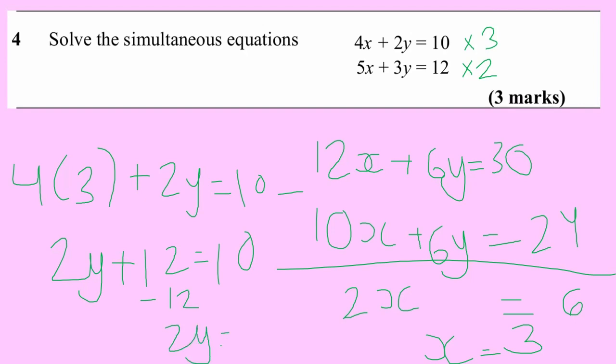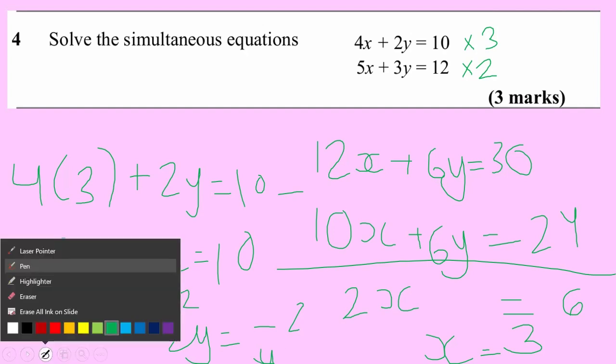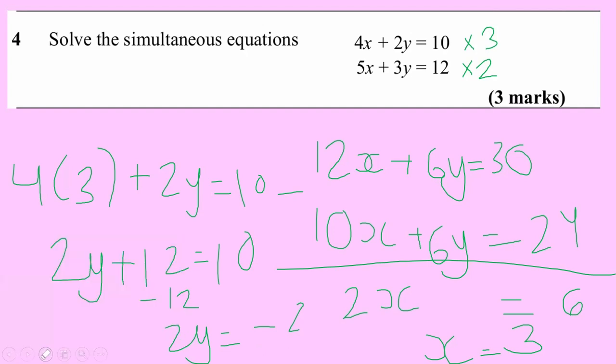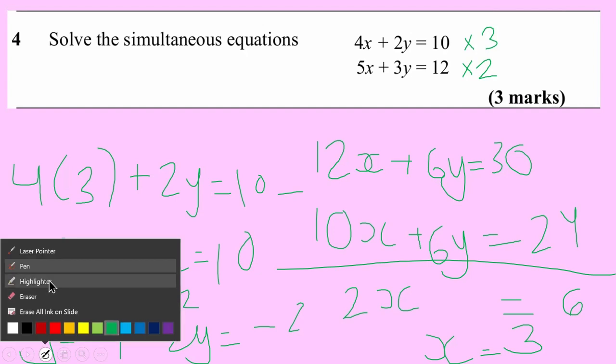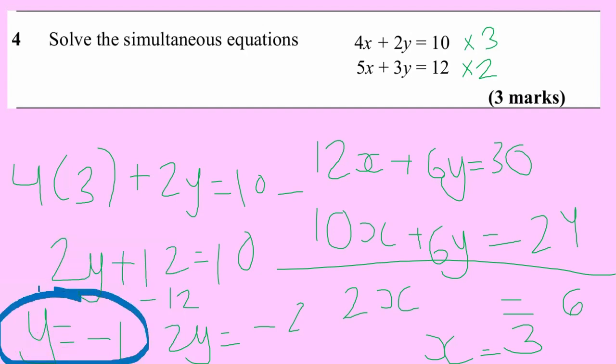So 2y is minus 2. So that means minus 2 divided by 2 is obviously going to be minus 1. So therefore, the final answer is going to be y equals minus 1. So let's just highlight our answers. So y is minus 1 and x equals 3.